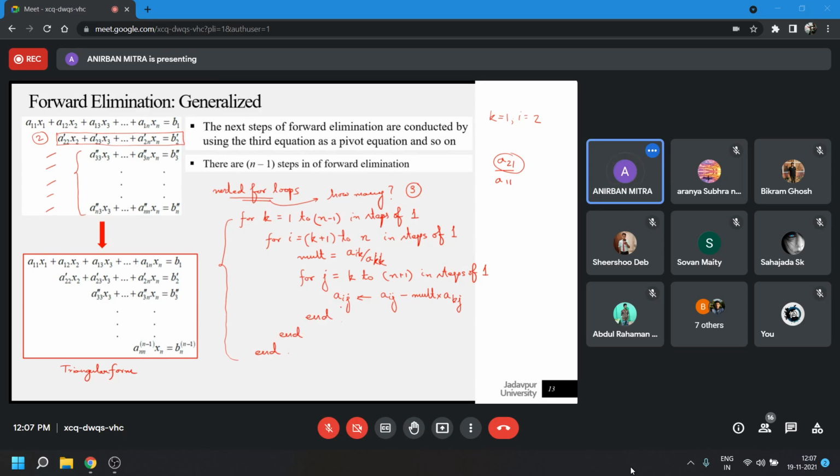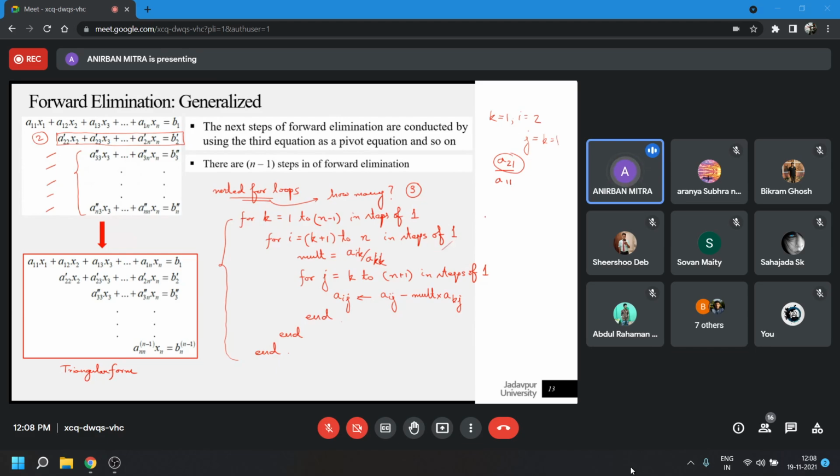Now, if you look at this expression, what I would request you to do is consider the n equal to 3 situation and try to find out what would be the exact expressions here. One I can obviously write out for the first pivot equation when k is equal to 1, i is equal to 2, and let's say j is equal to k, so that is equal to 1 as well.